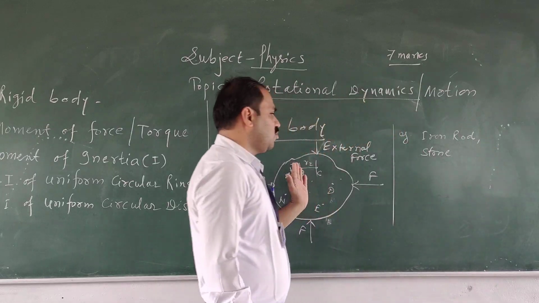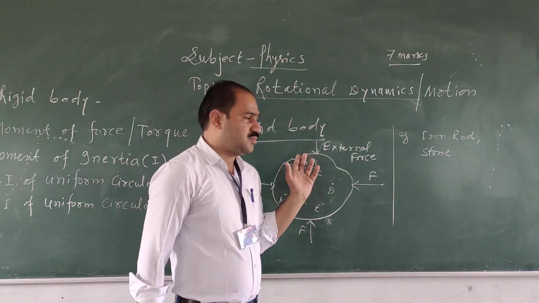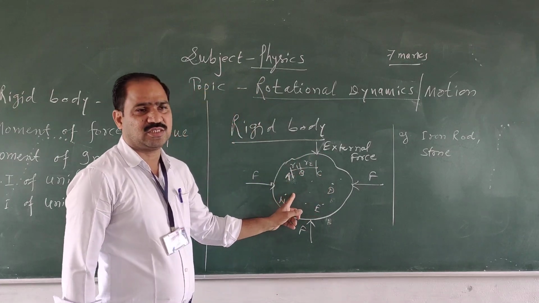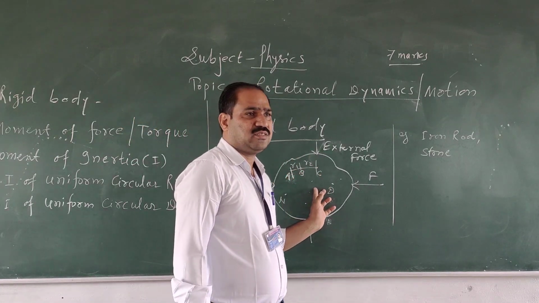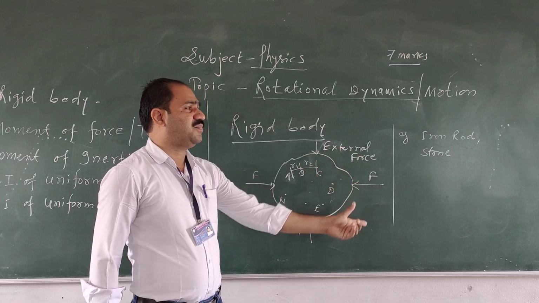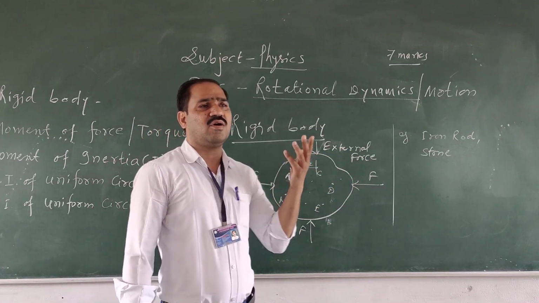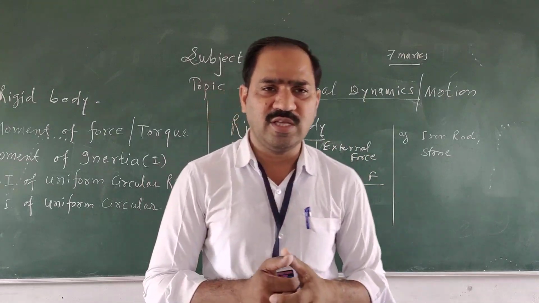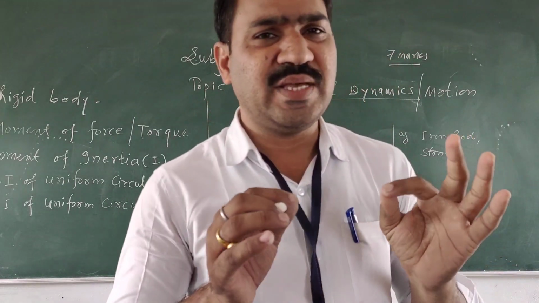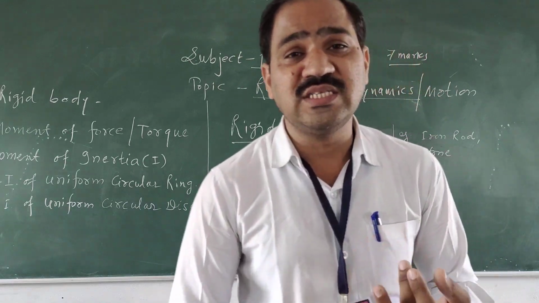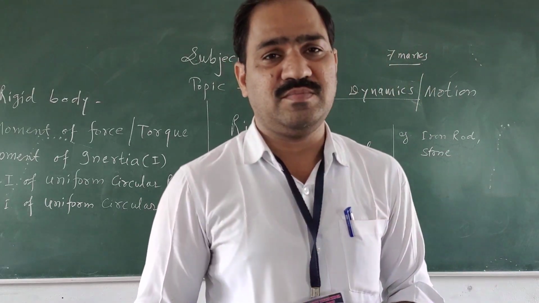So the body in which the distance between the two particles remains constant, remains unchanged during the application of the external force, or we can say when a huge amount of external force is applied on the body, the distance between the two particles remains constant. It means that again there is no change in the shape and size of the body.